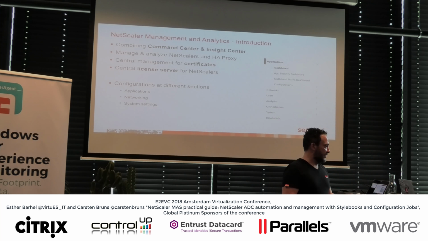System settings are all for the MAS system, and we have networking, which is the base setting for your NetScaler environment, and we have the applications, which are your vServers and configurations which are running on the NetScaler. This is very important to know, because we want to go to networking, then to application, and just leave out the system settings. They are not really interesting.